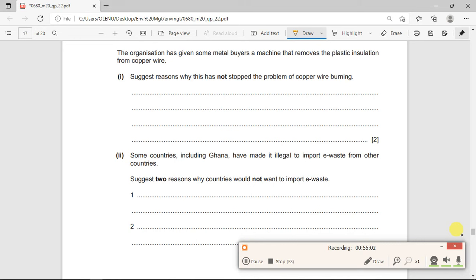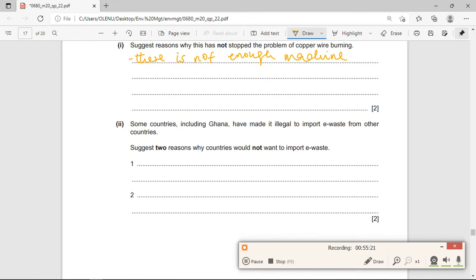One reason why it won't stop is because there are not enough machines. Remember, Ghana is an LEDC. Also, it might be that the people do not have the technical knowledge and skill to use these machines, so they'll prefer to keep using what they are using.